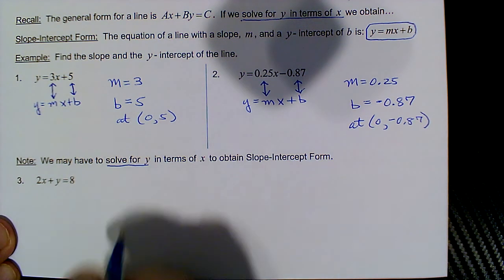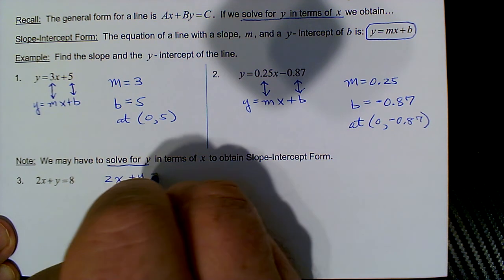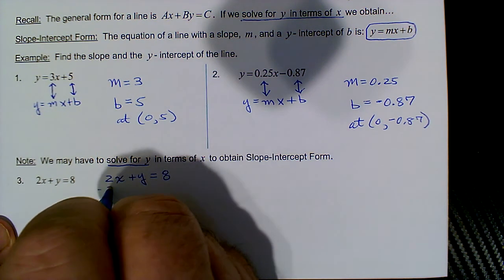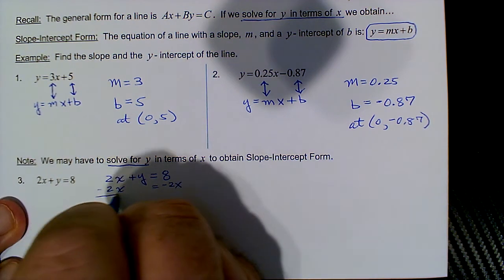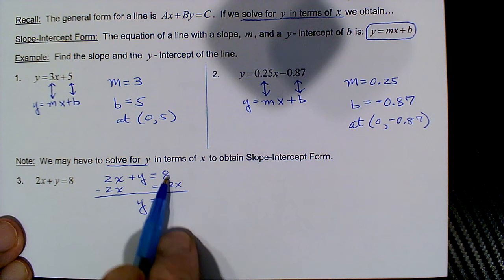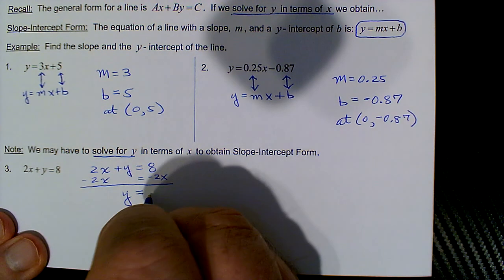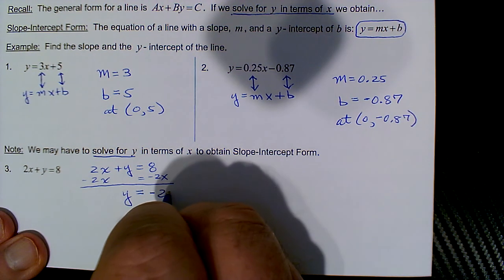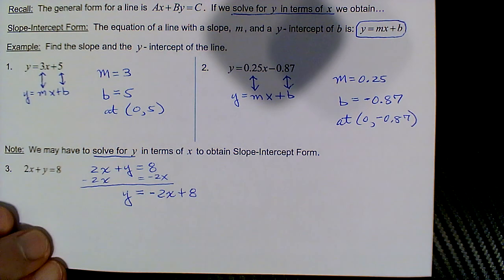Okay, and then the final page, horizontal and vertical lines. When something is missing, one of the variables, you know it's a special line.